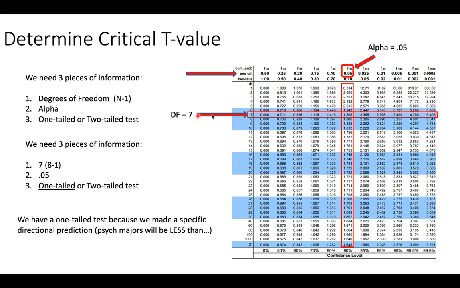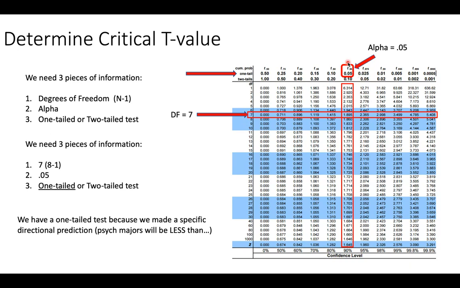So 3 pieces of information. Degrees of freedom tells me which row to use. Whether I have a one-tailed or a two-tailed test combined with my alpha tells me which column to use. Now, if I had a two-tailed test with alpha of 0.05, I'd be using this next column because we can see 0.05 falls in the next column under a two-tailed test. We'll talk about why that's the case later.